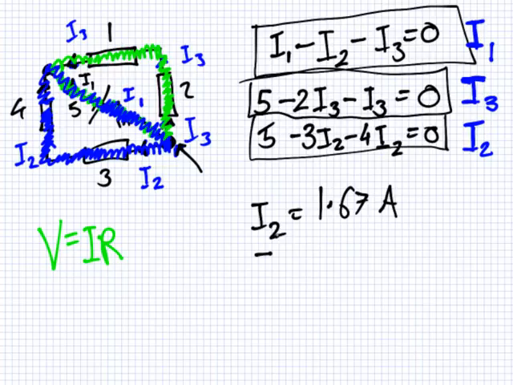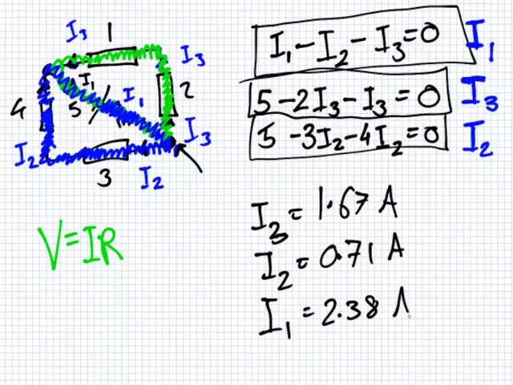No, sorry, that's I3. I2 will equal 0.71 amps, and so I1 equals 2.38 amps.